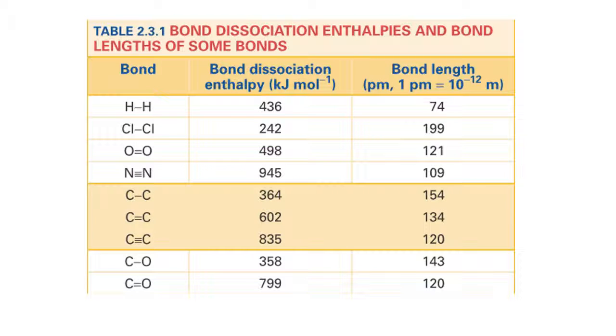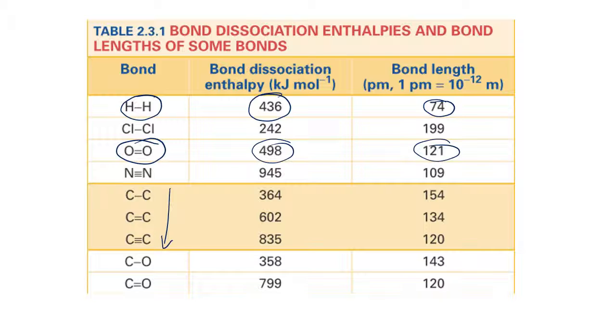And this is just illustrated here by the bond energies. So, for example, a hydrogen-hydrogen single bond requires 436 kilojoules per mole to break, and it's rather short. The oxygen-oxygen double bond requires a little bit more, and it's short as well. But I guess looking at the carbon-carbon bonds really illustrates the difference in bond strength between single, double, and triple. So single bonds are 364.